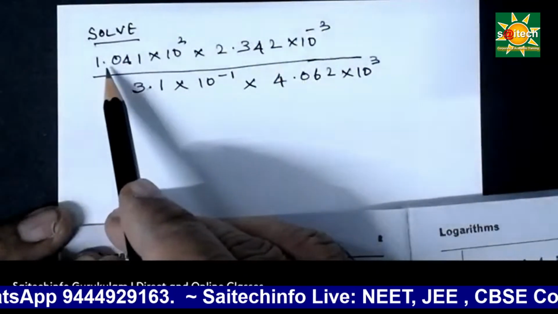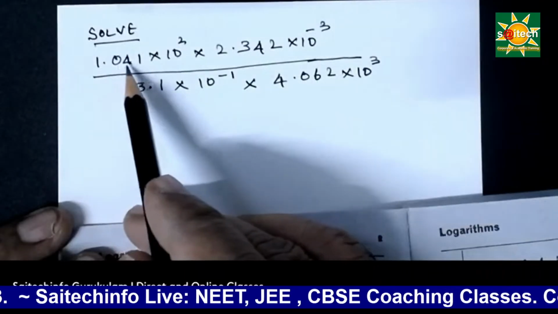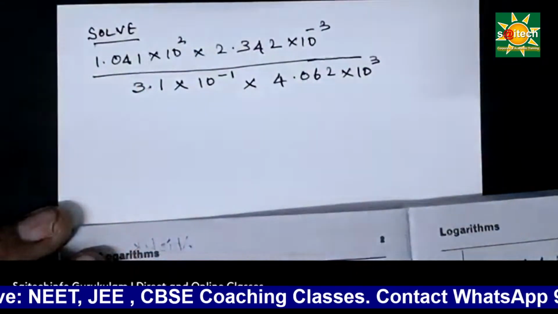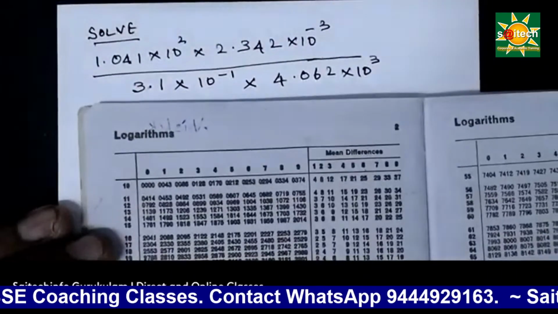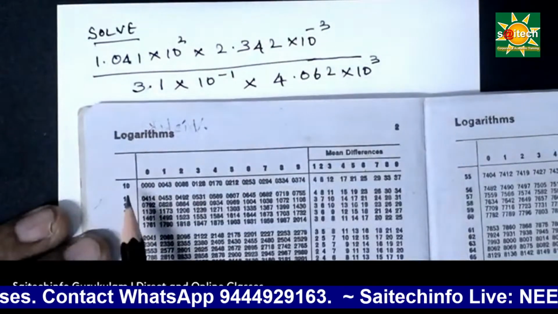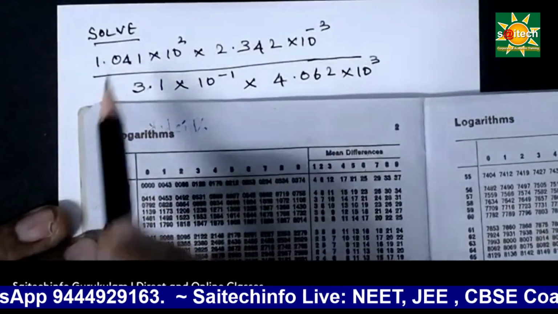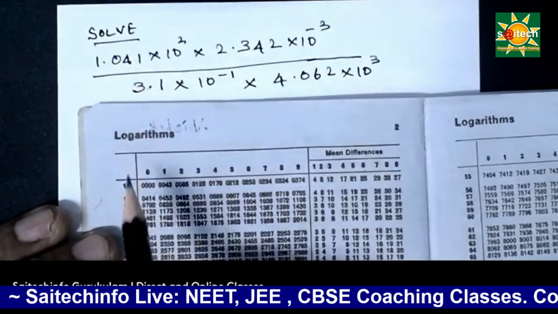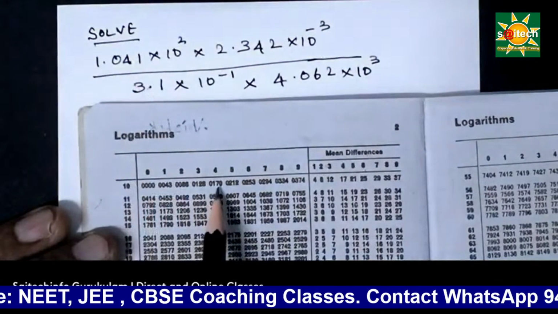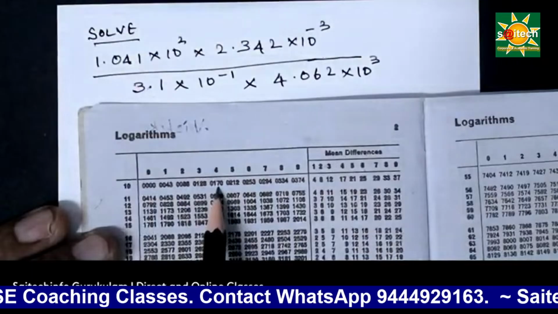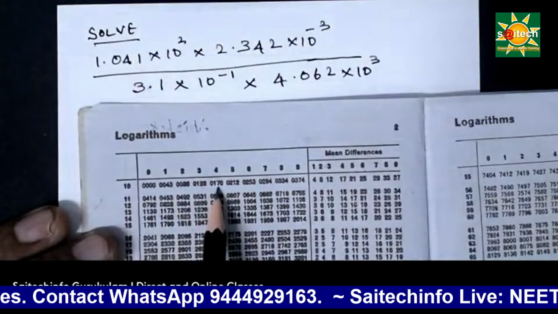So how to find out the logarithmic value of 1.0141? You have to consider 10, the first two digits. So you have got 10. Now the next digit is 4. So go to the fourth column. What is given here? 0170.